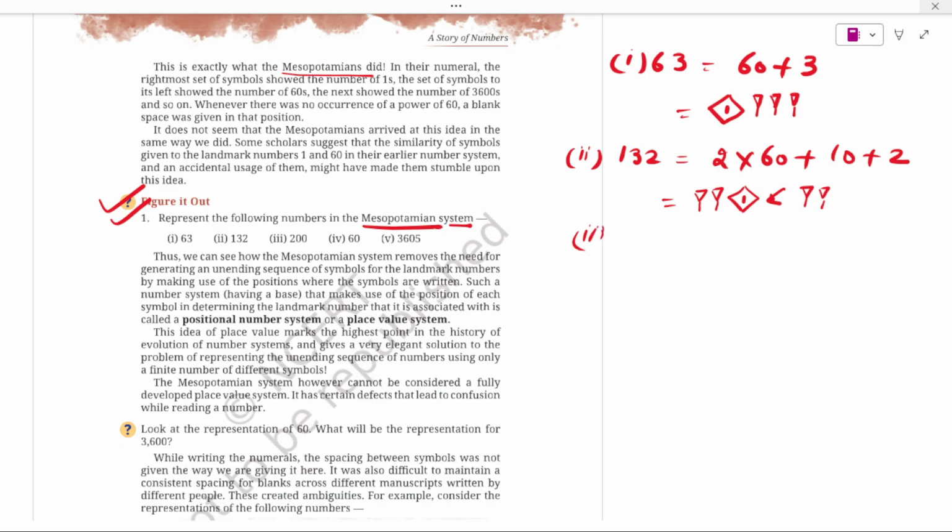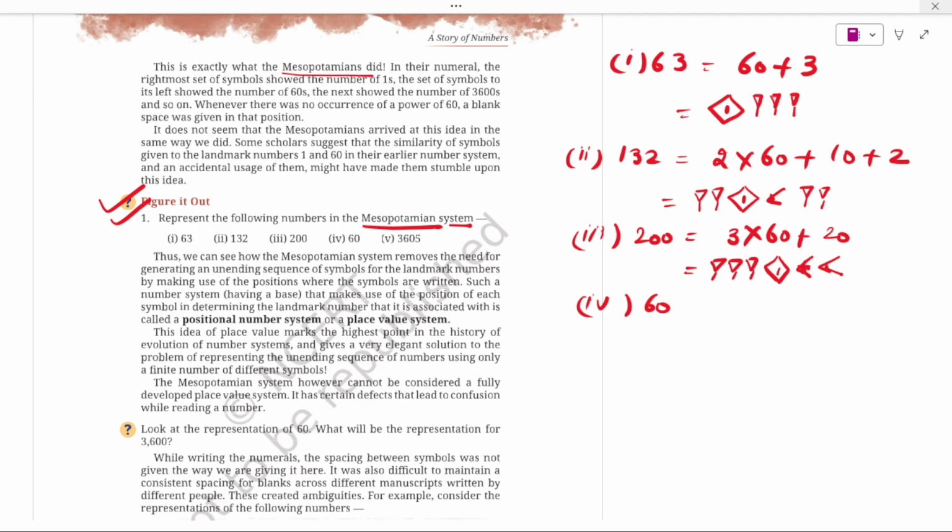Third, we are just using the symbols; they are elaborated. Third will be 3 times 60 plus 20. Note the plus sign comes 2 times.